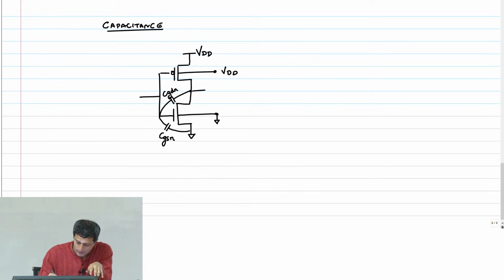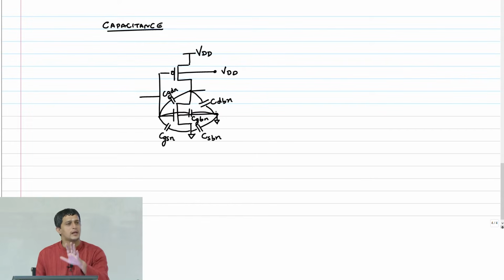Then there is one capacitance like this, CDBN. CSBN, right? And then there is also a CGBN.